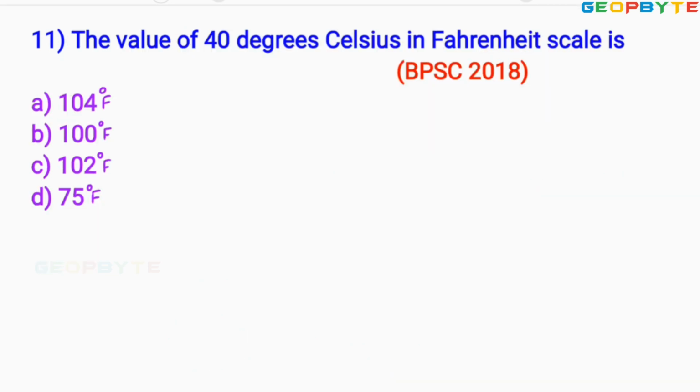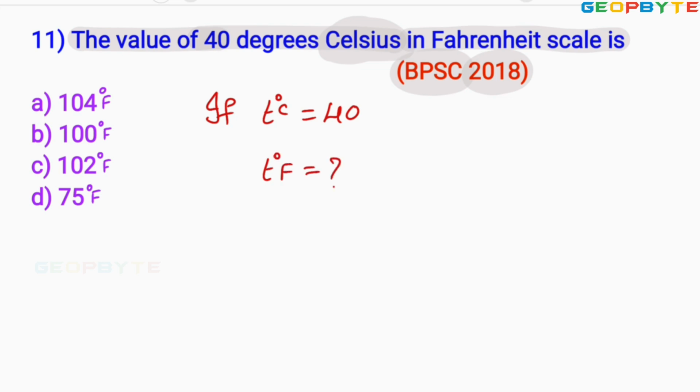Look at the 11th problem. Was asked in 2018 for the BPSC exam, given like this. The value of 40 degree centigrade, Celsius is also called centigrade, in Fahrenheit scale is. That means if thermometer reading in degree centigrade equal to 40, what is the thermometer reading in degree Fahrenheit?